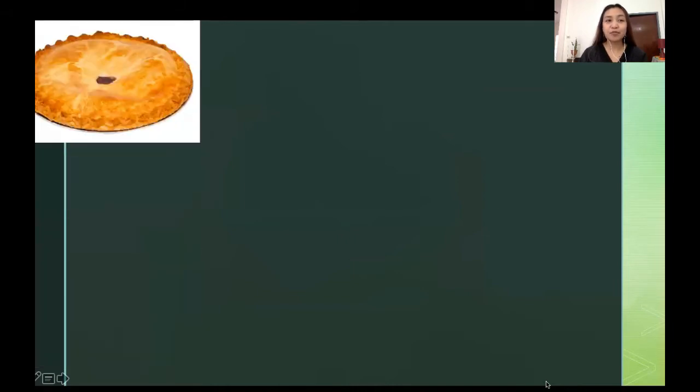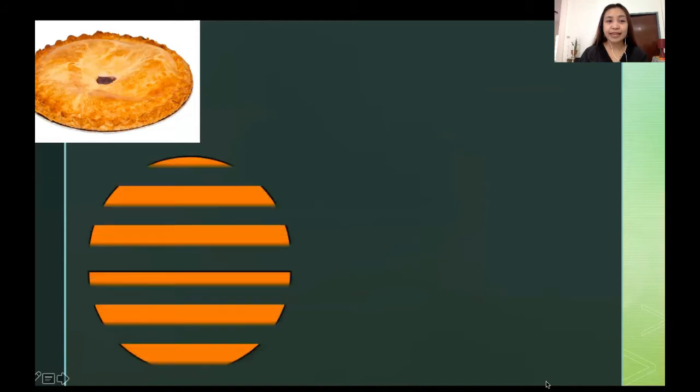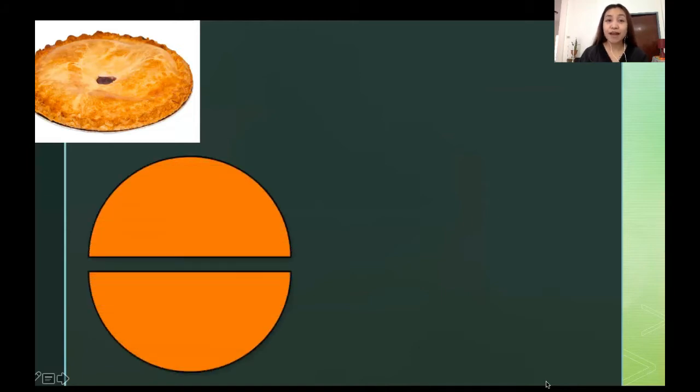So for example, we have here 1 whole pie, okay? And I'm going to divide it into 2 and I will eat one part of it. I will have 1/2, okay? I have eaten 1/2 of the pie.